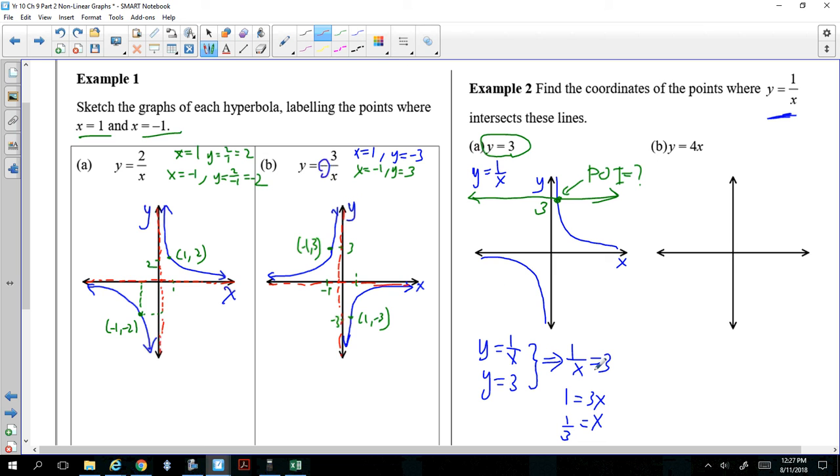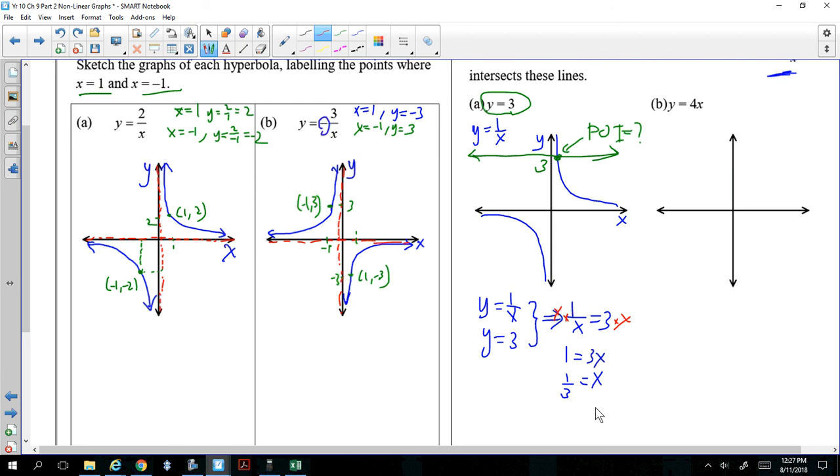And then divide both sides by 3. So 1 equal to 3x, x is 1/3. So once you get the x value, the y value is known already. So the point of intersection, POI, is x is 1/3, y is 3. Does that make sense? Alright, try the next one, see where they cross.